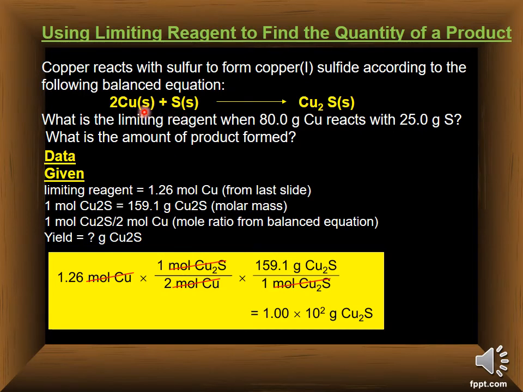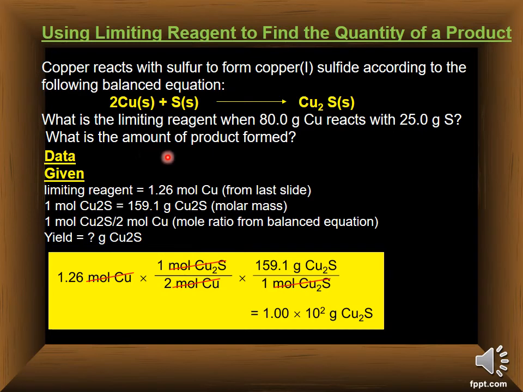We already calculated in the previous slides that the limiting reagent is copper, and the amount is 1.26 moles of copper from the last slide, remember. But if you don't have it, you have to calculate it, because without this you can't calculate the amount of product. So for saving time, I'm just taking the value from the previous slides.